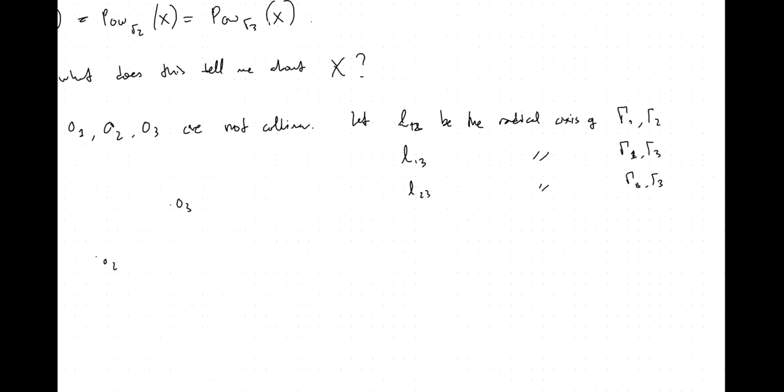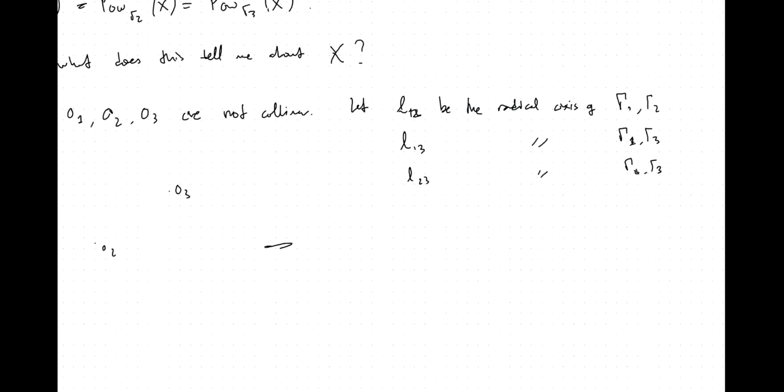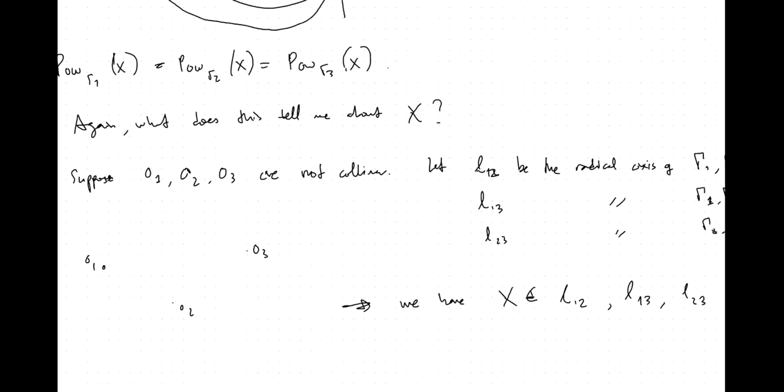So from this we have that X is on the lines L12, L13, L23. The condition is this, but the condition is in fact any two of these.